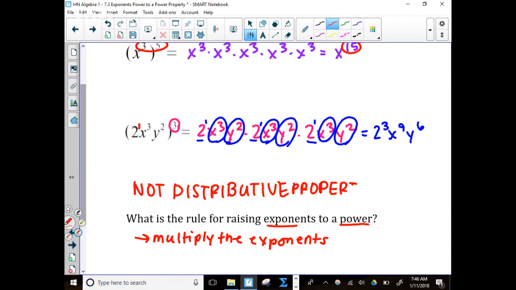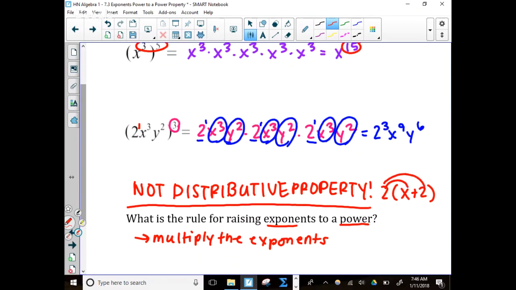Because this is going to become an issue next lab if you think that. Distributive property is over addition or subtraction, okay? We are multiplying all of these. So this would be 2, 1 times 3 would be 3, x, 3 times 3 would be 9, y, 2 times 3, and we'd end up getting the same answer there, okay?